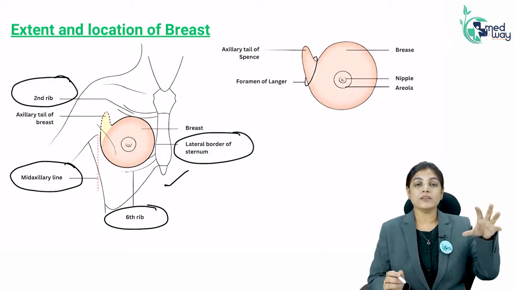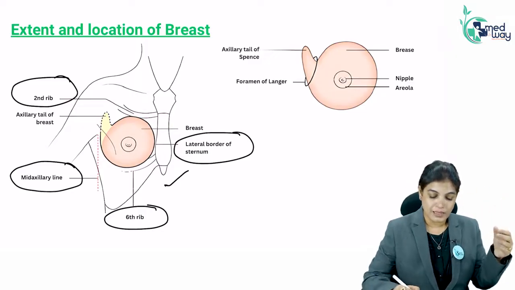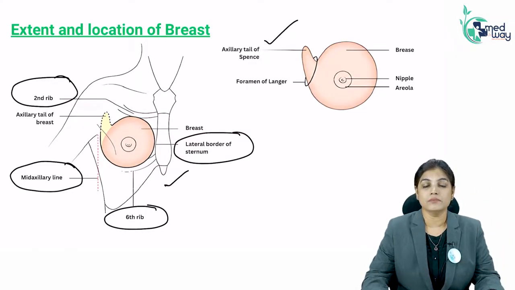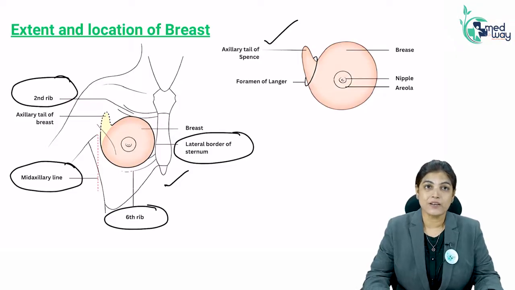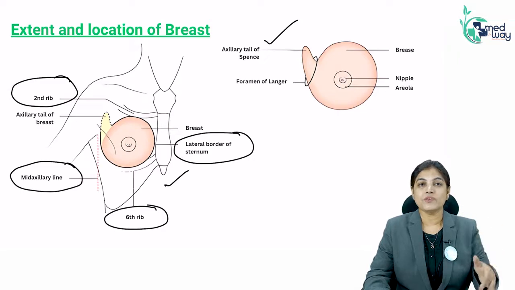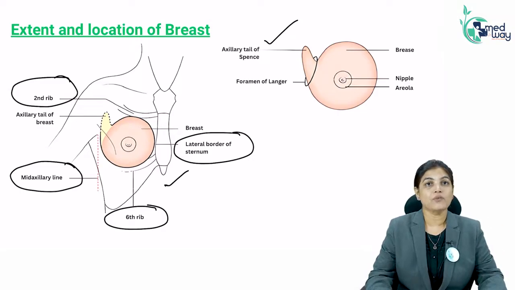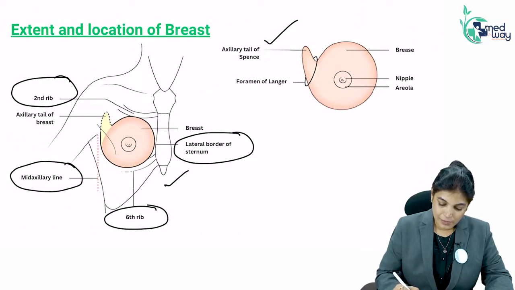Actually, in the superolateral quadrant you can see there is an extension of the mammary gland which is called the axillary tail of Spence, which passes through a gap and traverses into the deep fascia. That gap is called the foramen of Langer. So here you can see the foramen of Langer also.